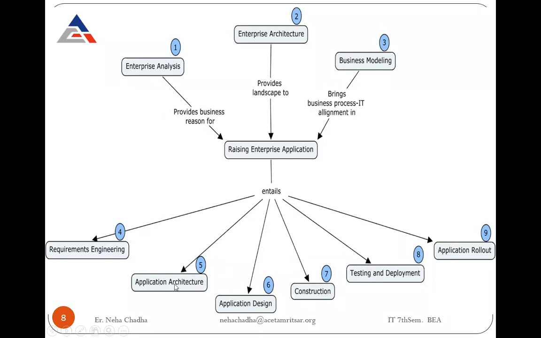Application architecture, application design, then construction, testing and deployment, and application rollout. We have covered all these in one of our previous sessions, and in today's session, this is just a pictorial representation of raising an enterprise application.